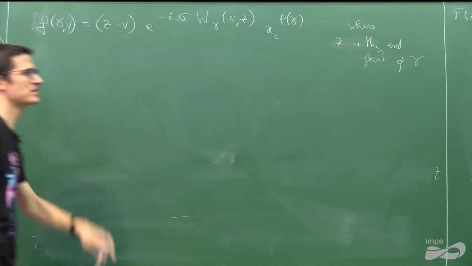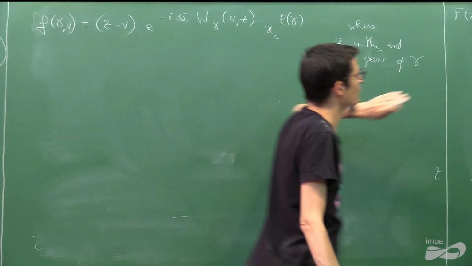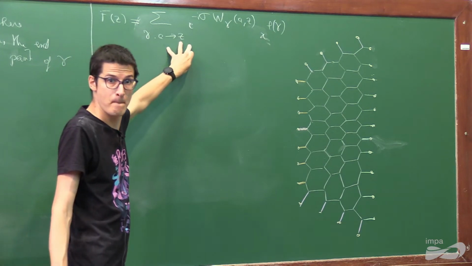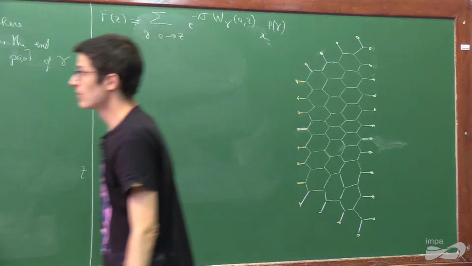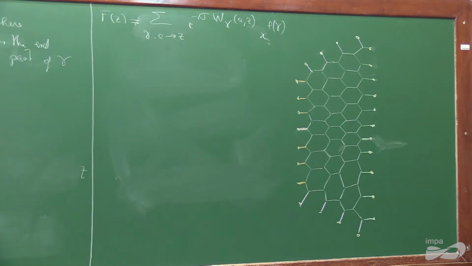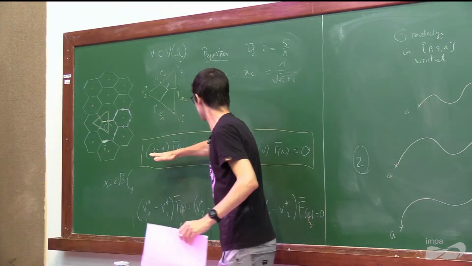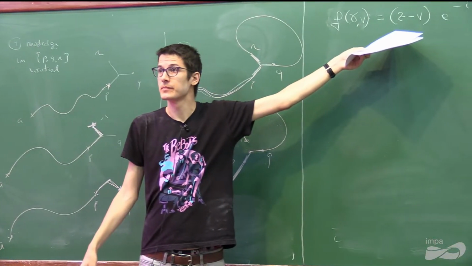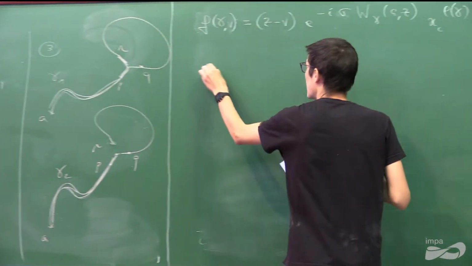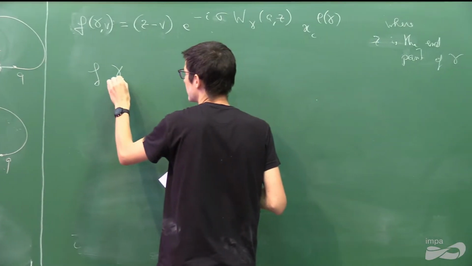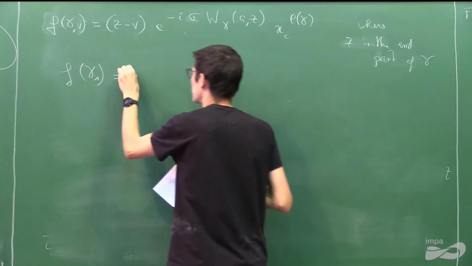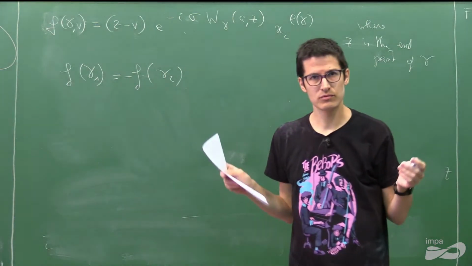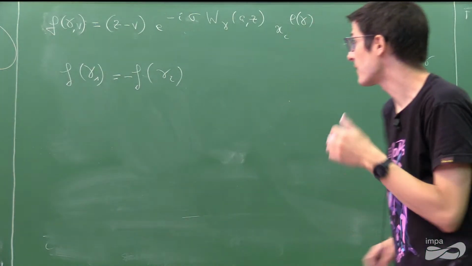So this f of gamma is just the contribution of gamma to this sum, because I have this prefactor here. What I want to show here is that f of gamma 1 is equal to minus f of gamma 2, to show that the contributions cancel out.